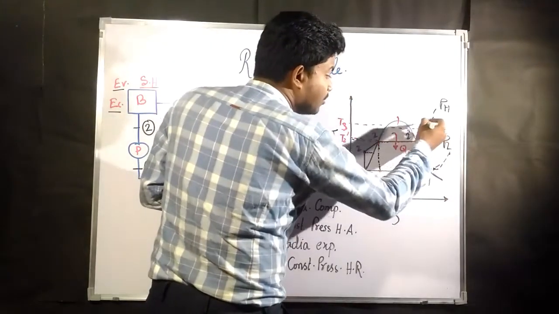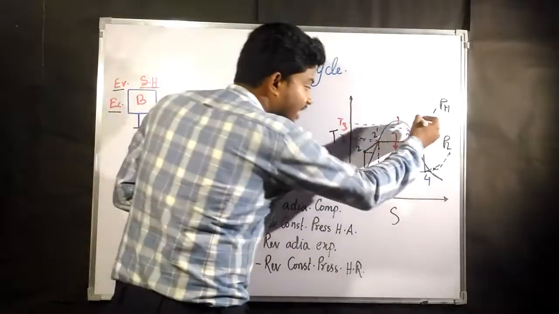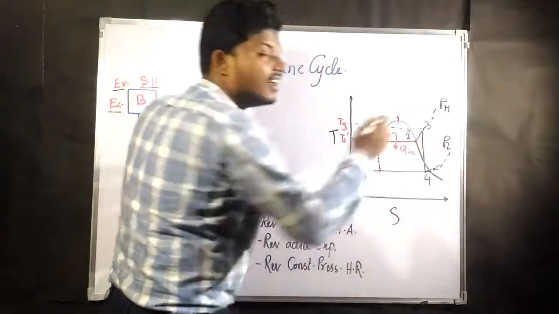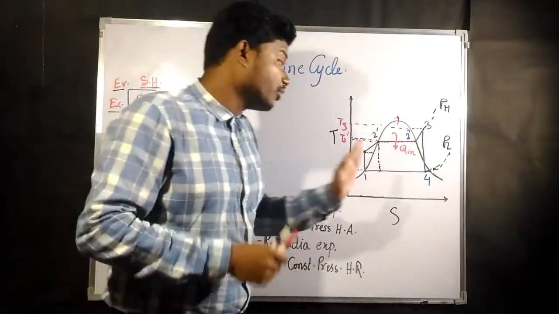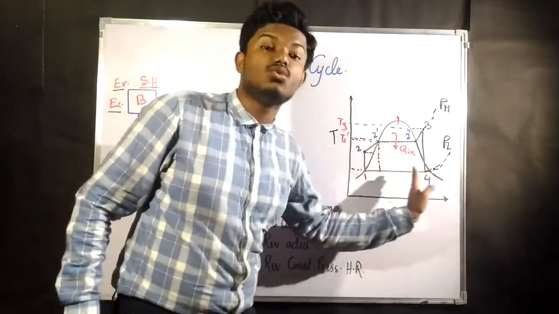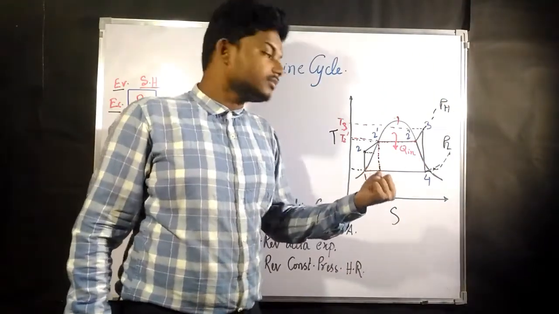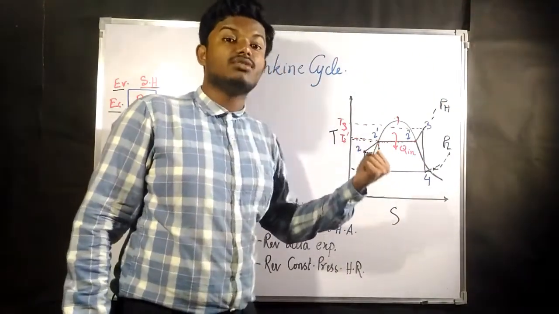So the more you heat the steam, the exit products of the turbine will reach a point towards the saturated gaseous line. The closer it is to the gaseous line, the higher, or better, the steam quality is going to be.